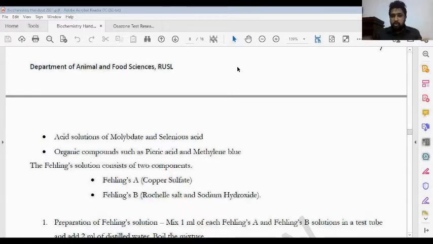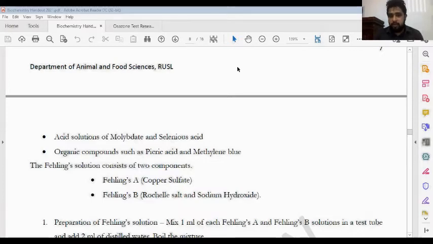Then in order to prepare Fehling solution, we have to mix similar amounts of Fehling's A and B and add double the volume of distilled water. What is the color of Fehling solution? There's a specific name for that. Yes, blue, specifically Persian blue.